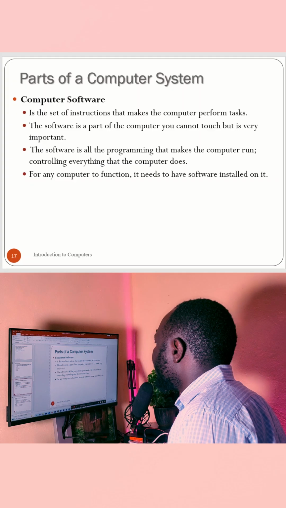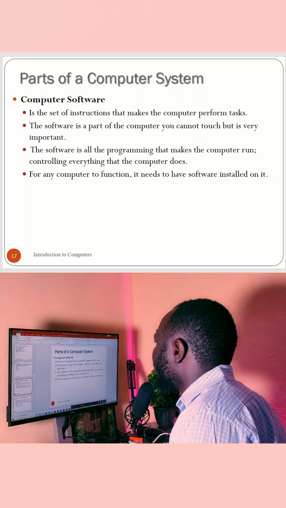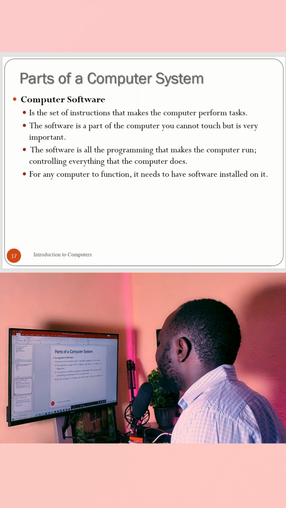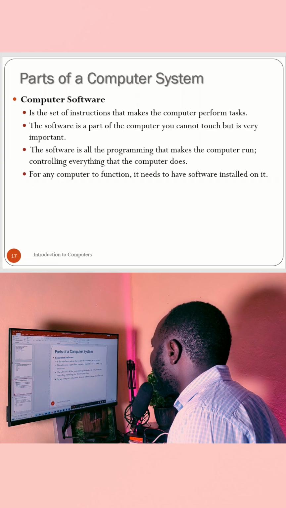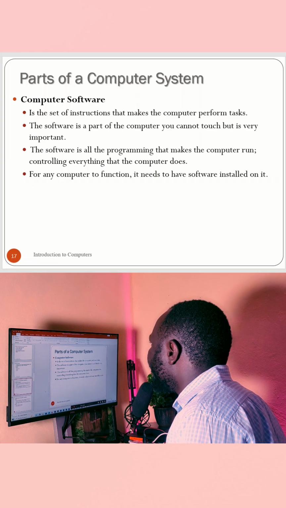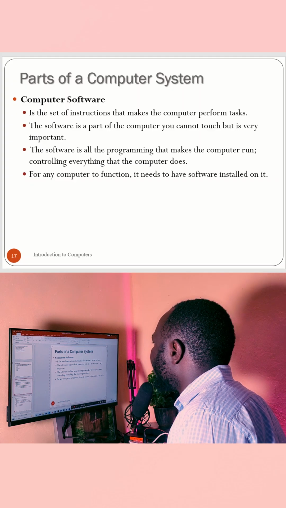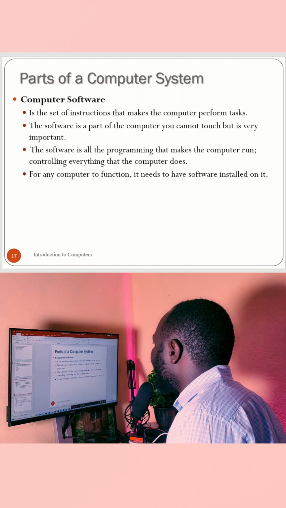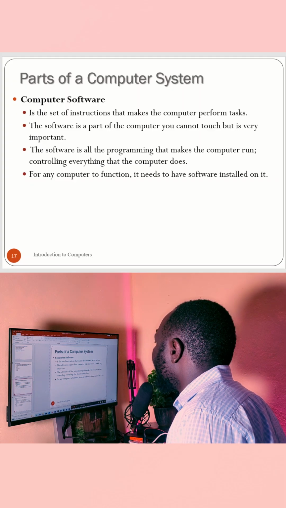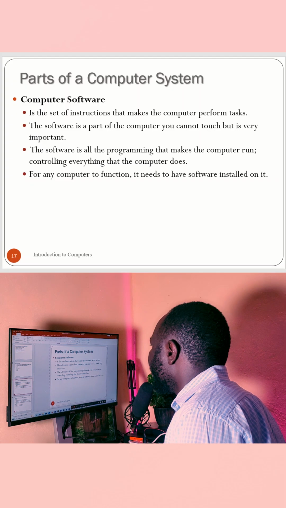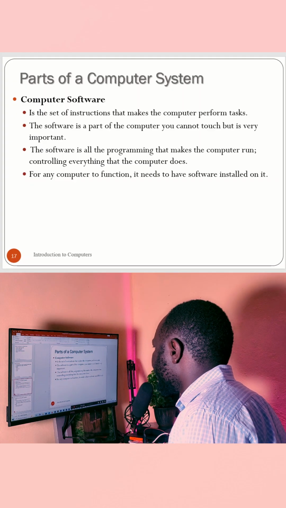The only software that you get with it is what we call firmware, which is put in it by the manufacturer of your computer for basic programming of your computer. But things like the operating system and application software, you have to install them by yourself, and that is what is going to enable you to use your computer.